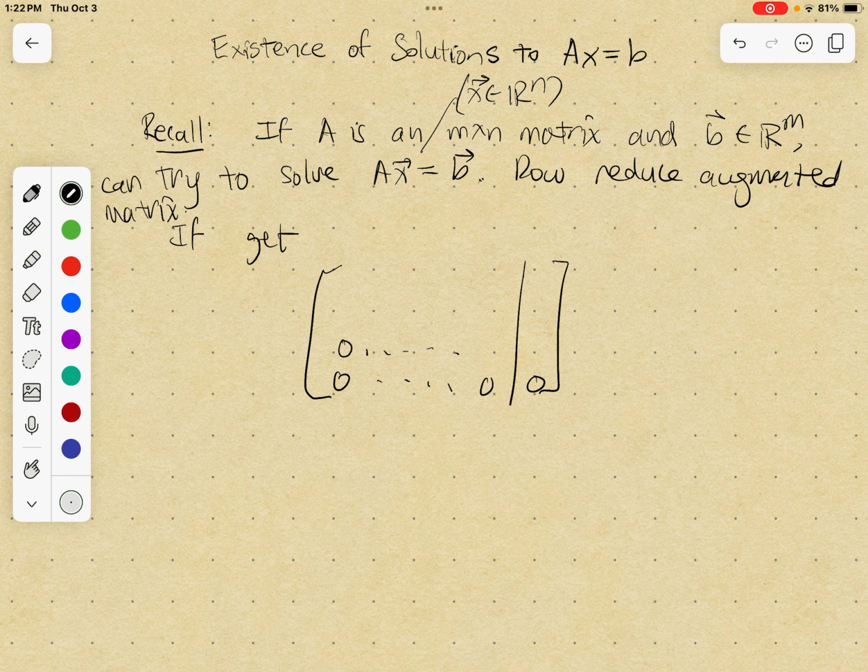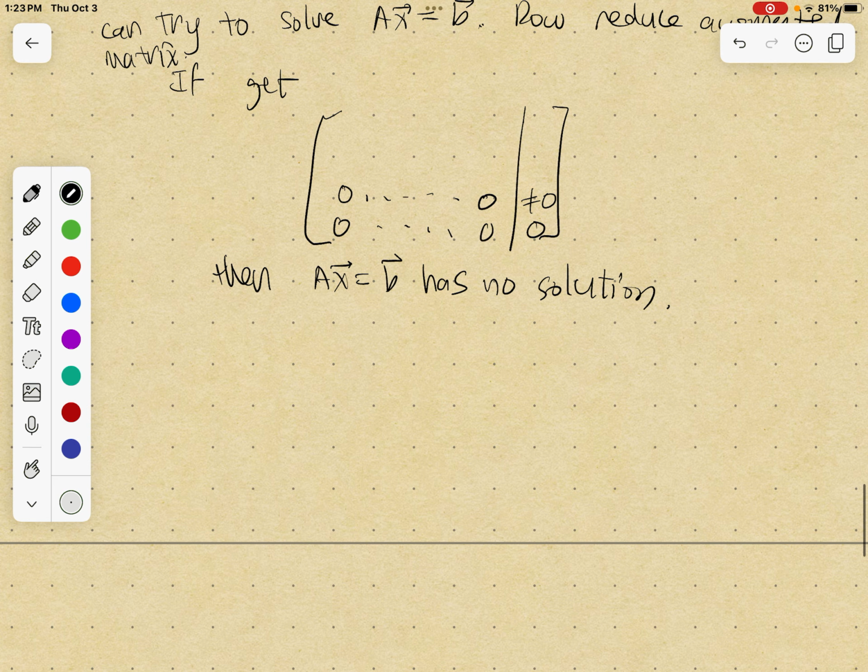But if there is a row of zeros and then something that's not zero, this means that your system is inconsistent. So Ax equals b has no solution. Otherwise, it does have a solution.